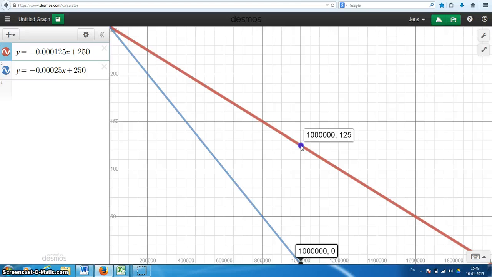So a quantity of 1 million units corresponds to a price of 125 Danish kroner. So it will be at a price of 125 Danish kroner that revenue will be maximized, because that is corresponding to marginal revenue being equal to 0.